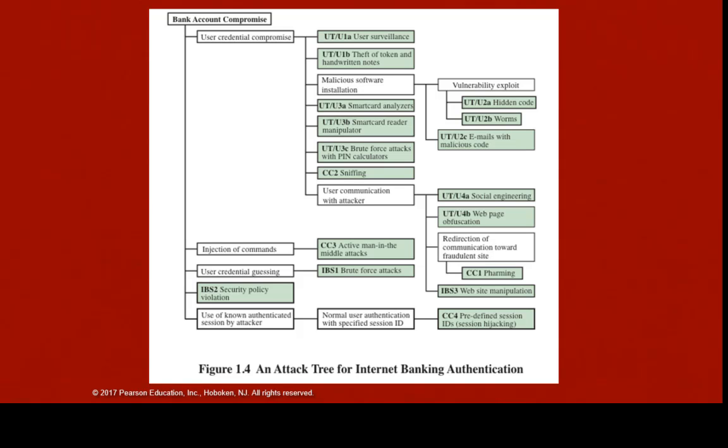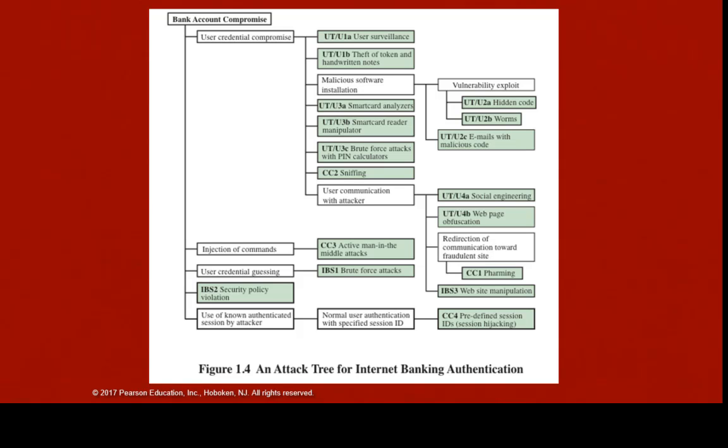5 overall attack strategies can be identified, each of which exploits one or more of the 3 components. The 5 strategies are as follows. User credential compromise. This strategy can be used against many elements of the attack surface.